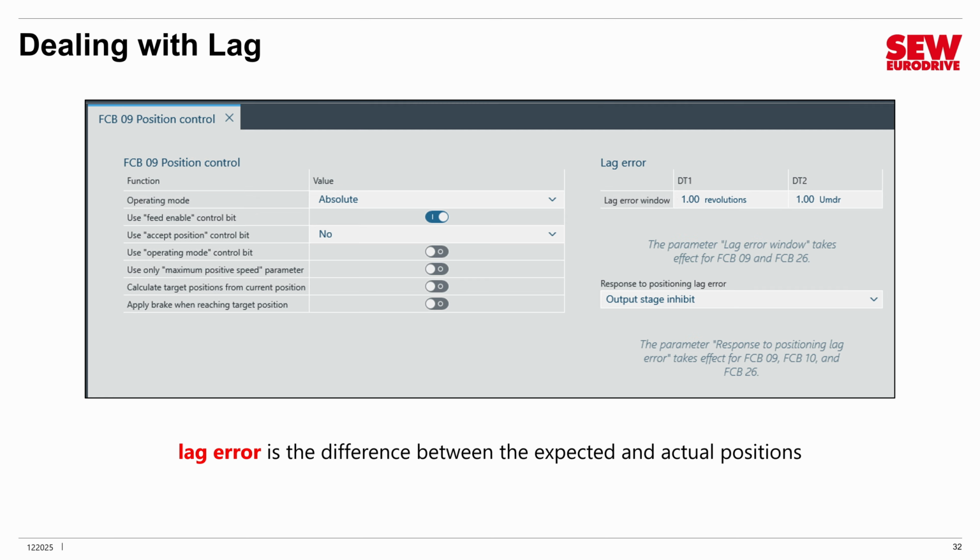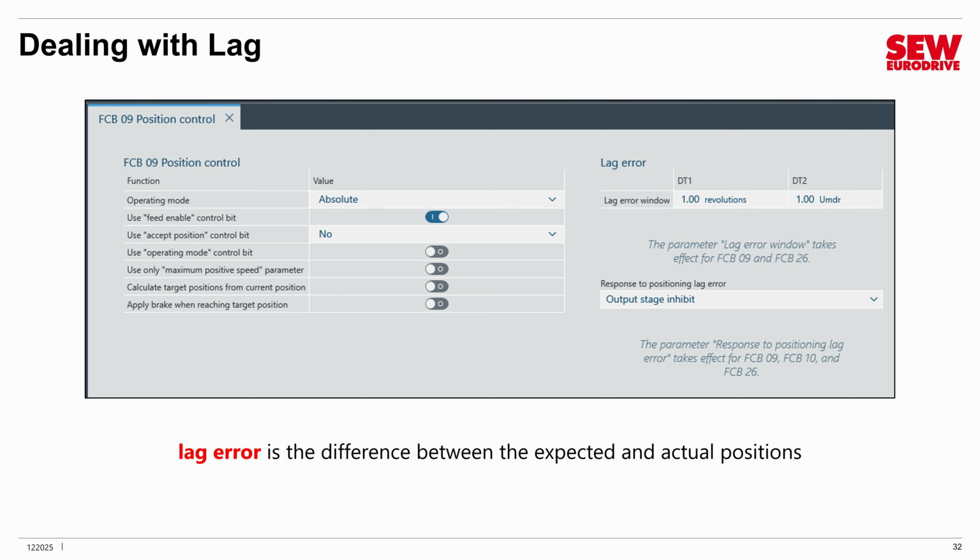Now, if you have too big a difference between the expected and actual positions, you have something called a lag error situation. The VFD does not want to allow excessive lag error to occur because if it does, it could mean something is jammed, something's stalled, you have some kind of mechanical malfunction. In most cases, the VFD will fault if the lag error is too big.